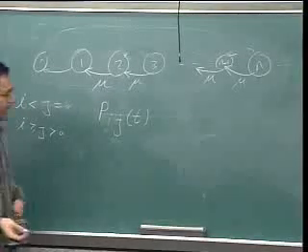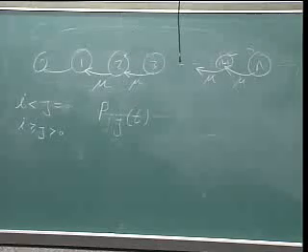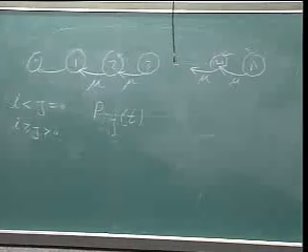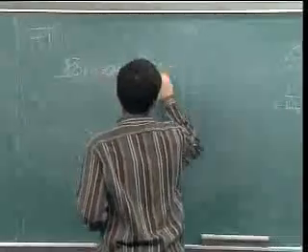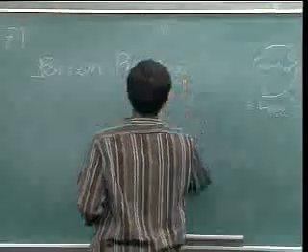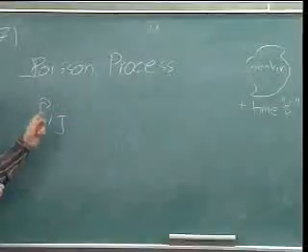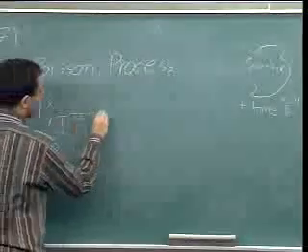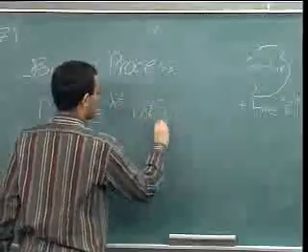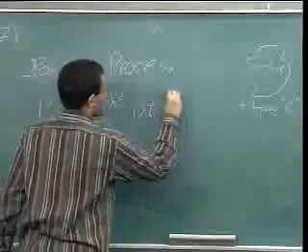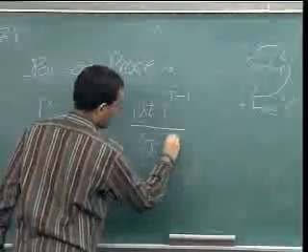When we had a Poisson process, we said that the probability of going from state i to state j, number i to number j bigger, was e to the power of minus lambda t, times lambda t to the power of j minus i, divided by j minus i factorial.